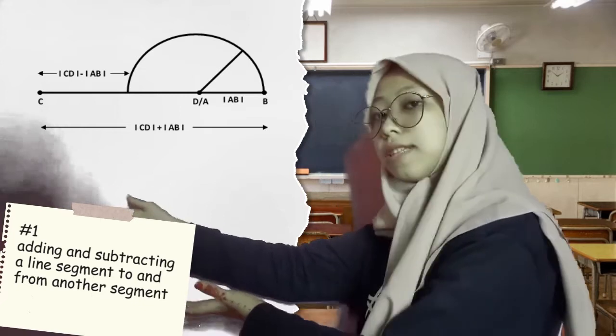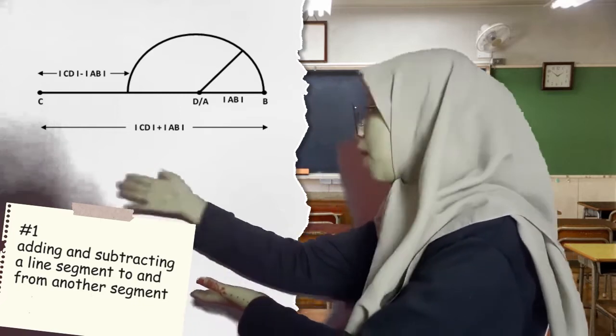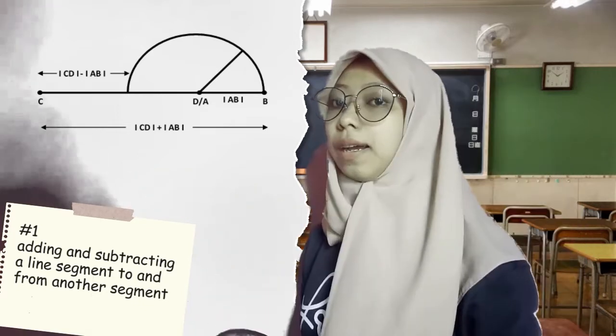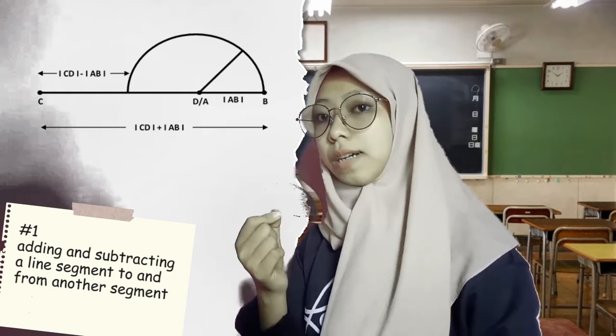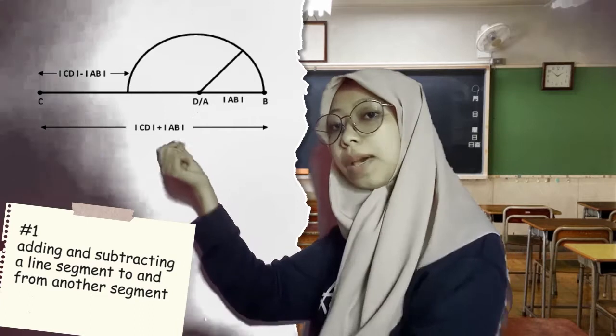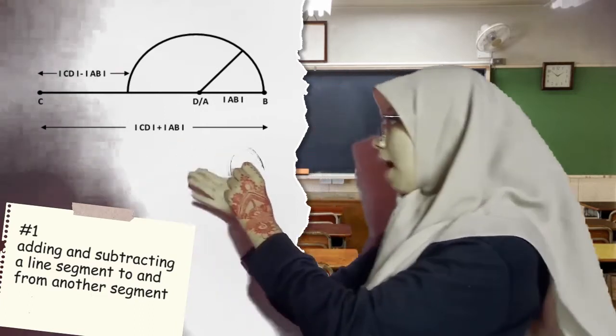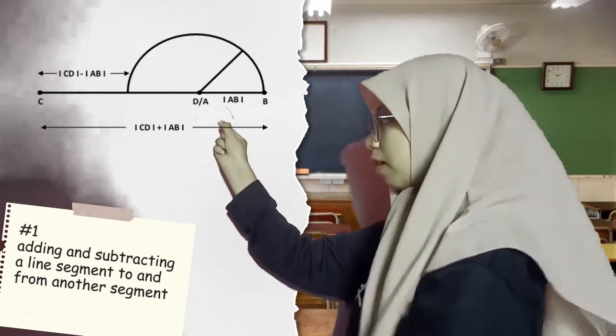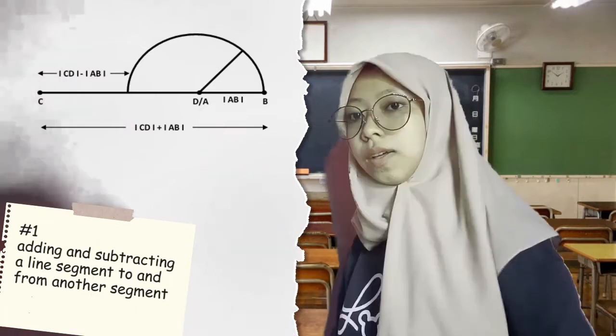It is also possible to subtract AB from CD. Meanwhile, put the tips of the compass on both tips of line segment AB and CD.